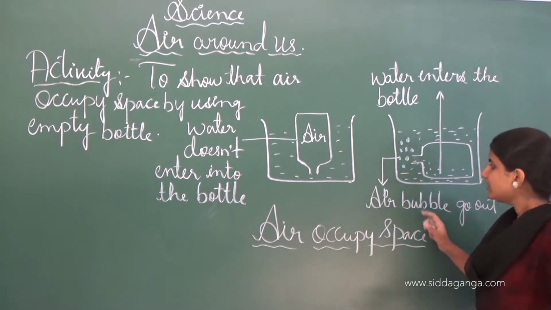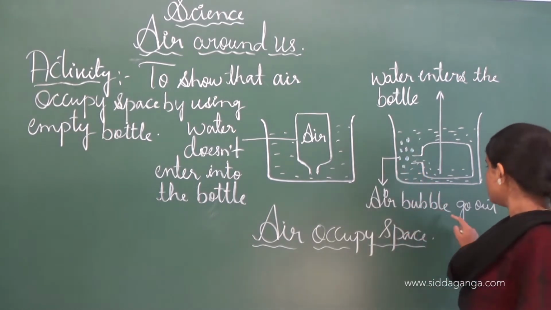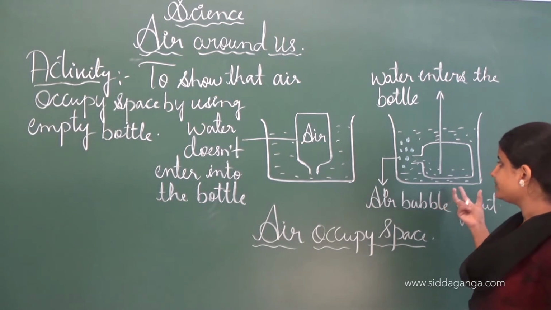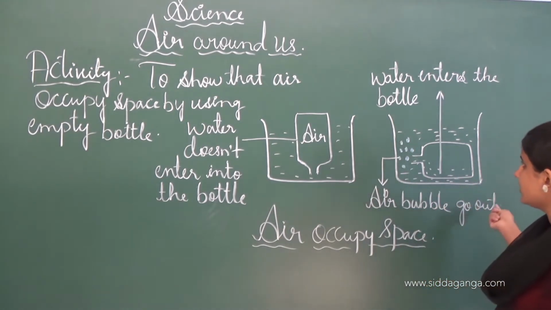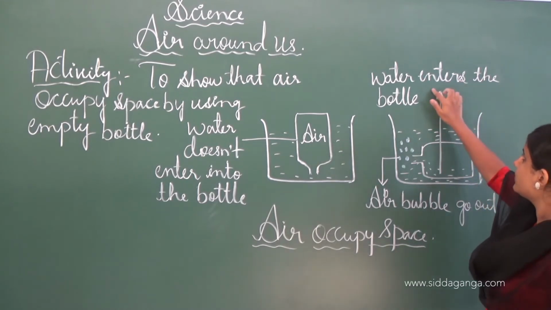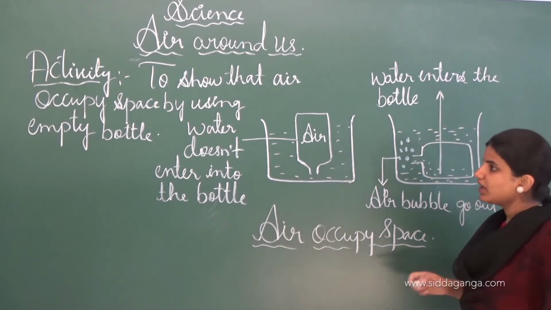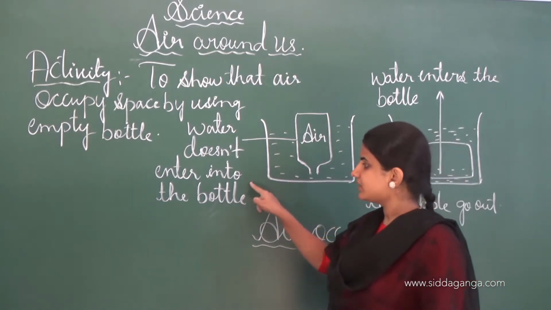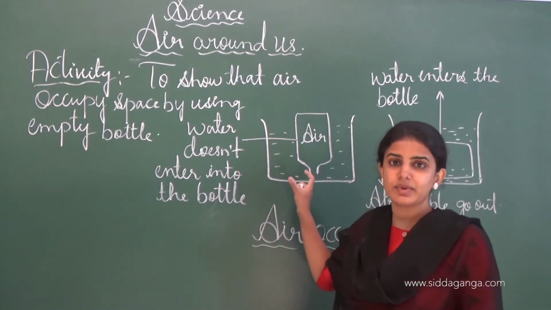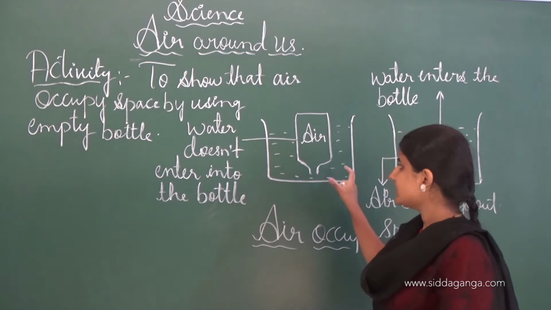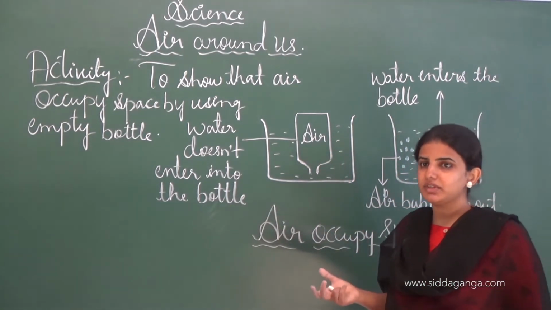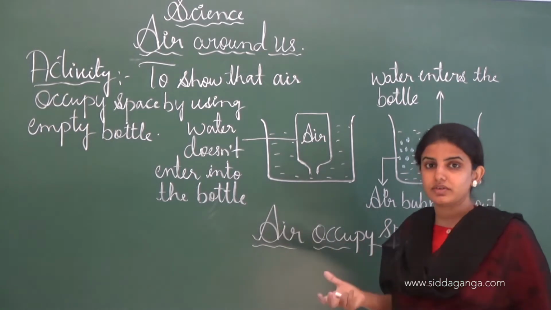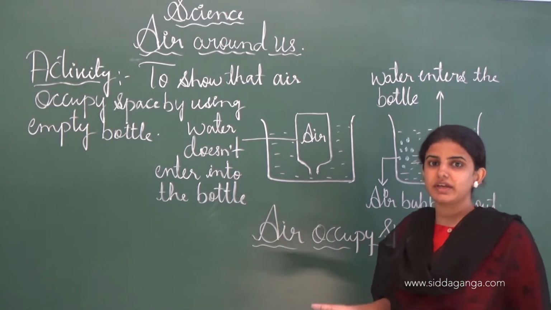Here we can see the air bubbles go out when the bottle changes its position, and thereby the water enters into the bottle. Water doesn't enter the bottle since the air is present in it. Even when we say the bottle is empty, the air is present, and from the surroundings we can say that the air is present.